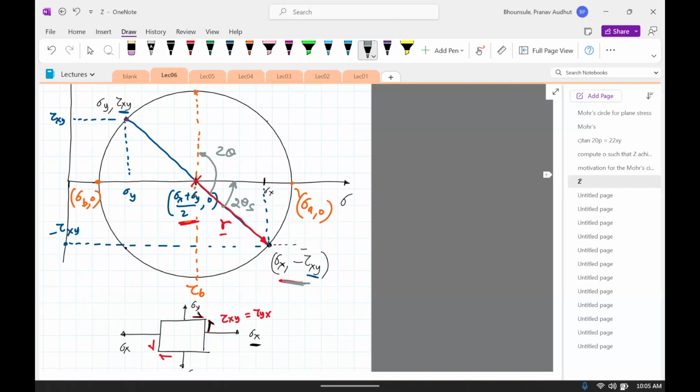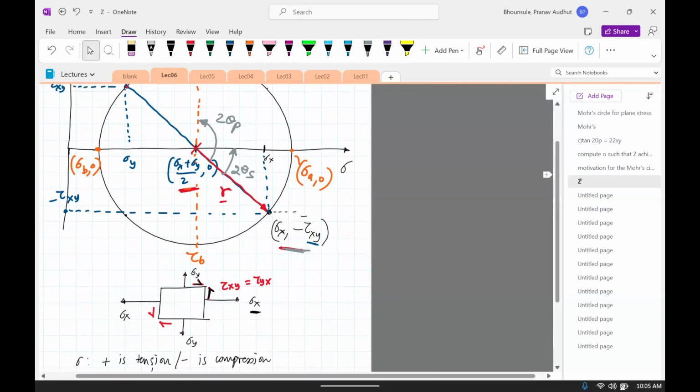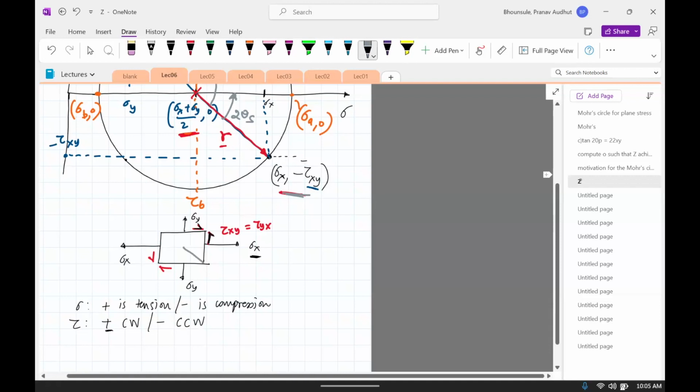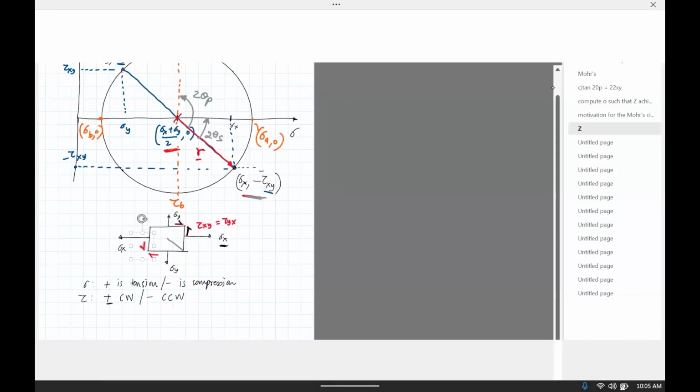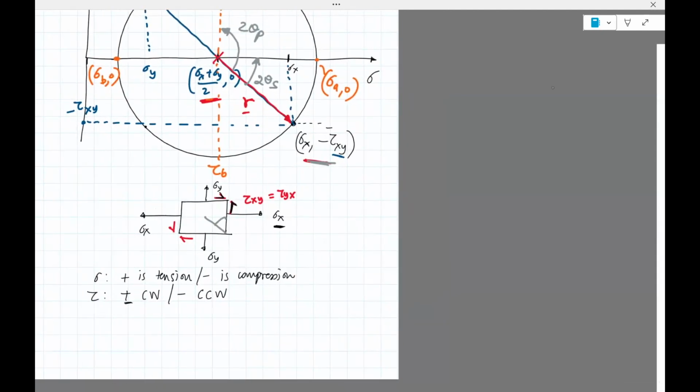This is 2 theta p. So you can link this back to this rectangular element. It is this angle we were after, theta s. So if you rotate that plane element by an angle of theta s, you'll see that it'll have the maximum principal stresses, sigma A, sigma B.